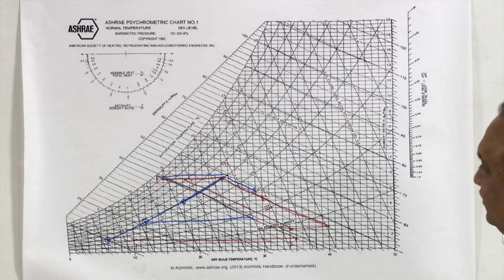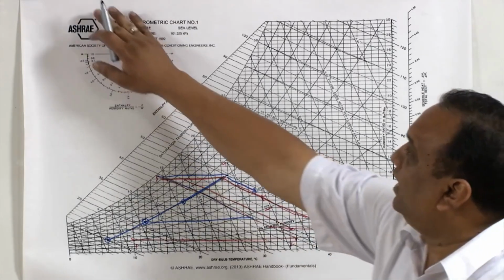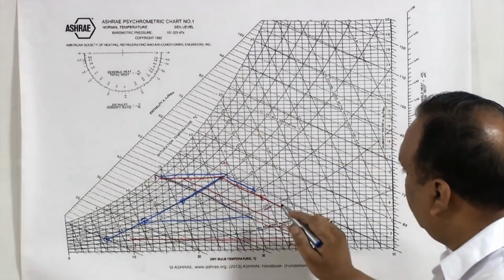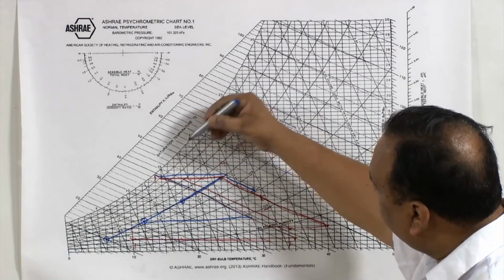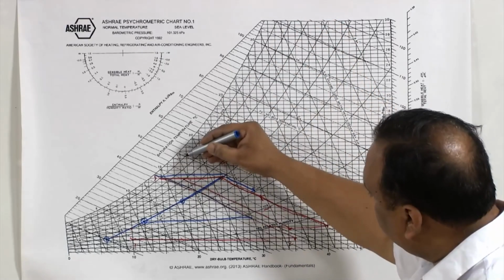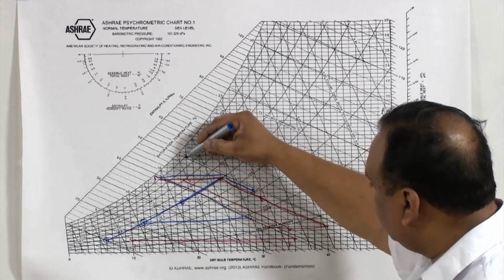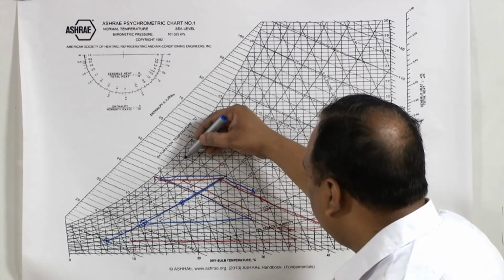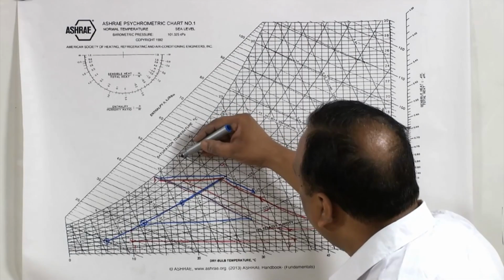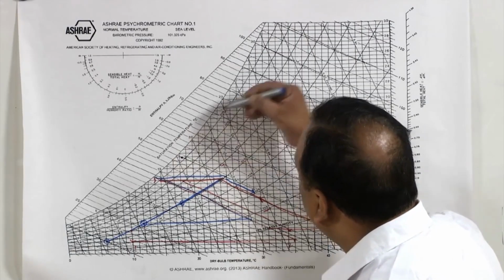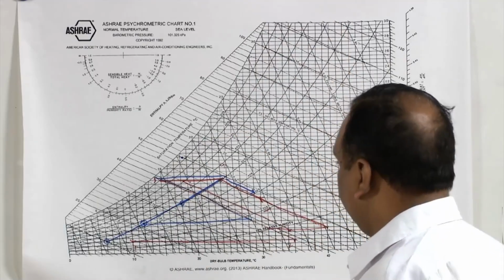This process is taken into account when the temperature and humidity both are high. Suppose there is air available at 21 degrees and 19 degrees centigrade, but the humidity is very close to 100%, 95%.